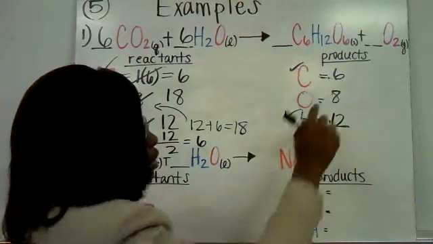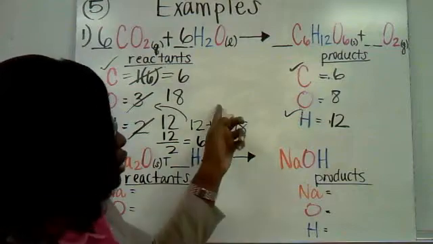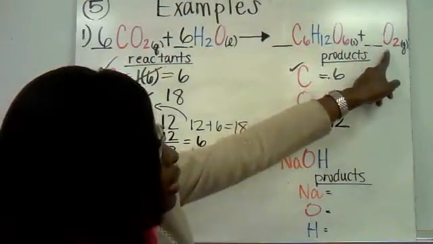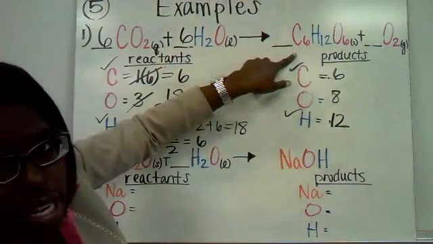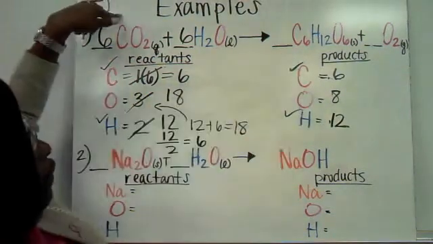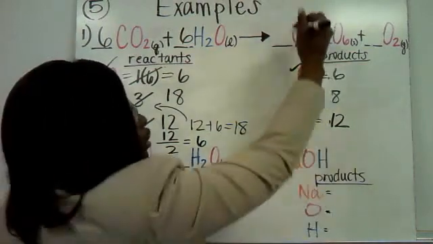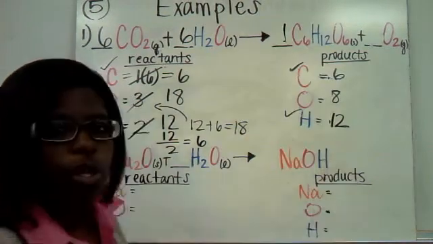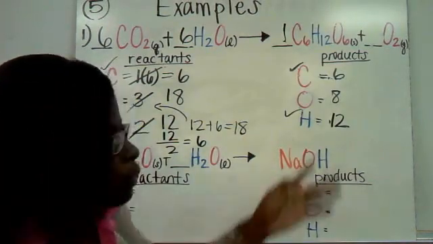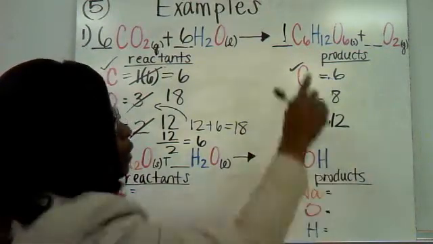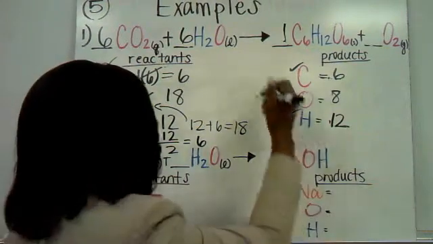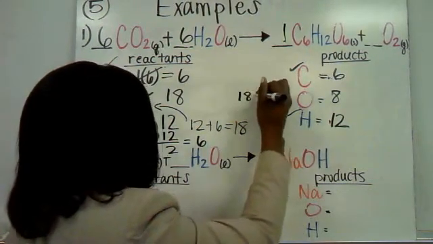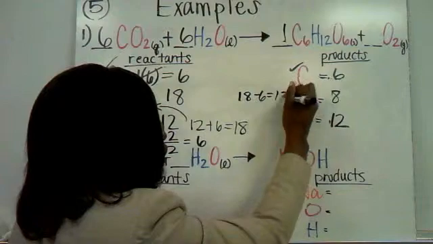I don't want the 8 anymore. But an easy way to do that, because we already know that we need to fill in this missing blank here, because if we add anything here, that's going to throw off what you already have for your carbon and your hydrogen. So what we're going to do is put a 1 here, so that we know that we don't need to do anything else with this molecule here. So because I have a 1 here, 1 times 6 is 6. So what's 18 minus 6? That's going to be 12.